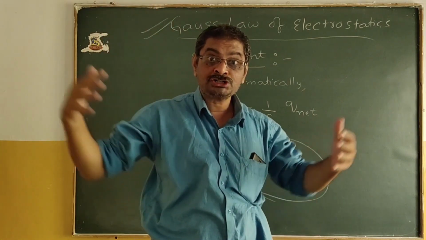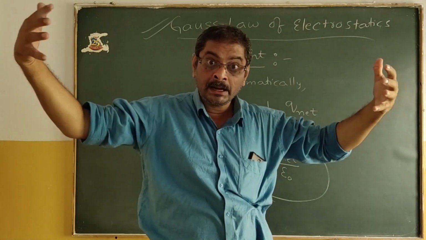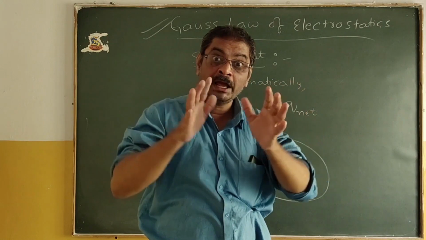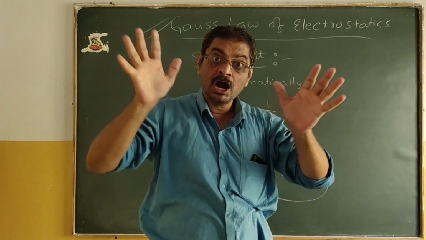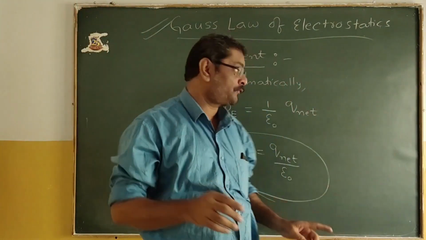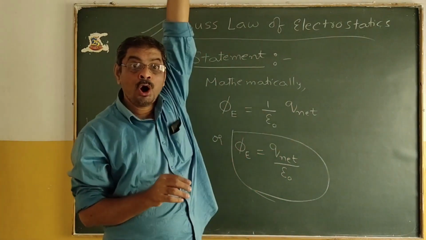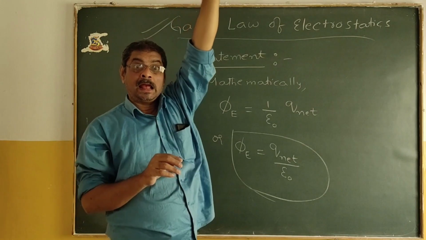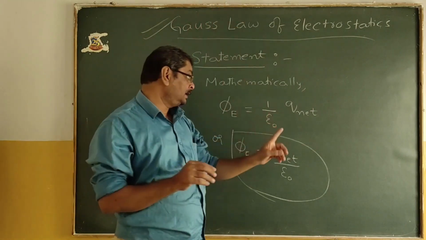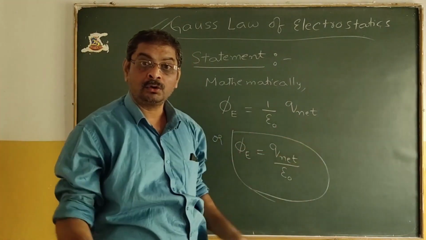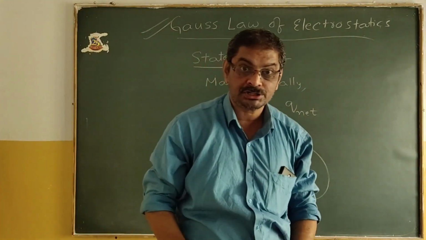Once again, remember the statement for the Gauss law: the total number of the lines of force either entering into the Gaussian surface or leaving the Gaussian surface will be numerically equal to 1 by epsilon naught times the net charge enclosed by the Gaussian surface.